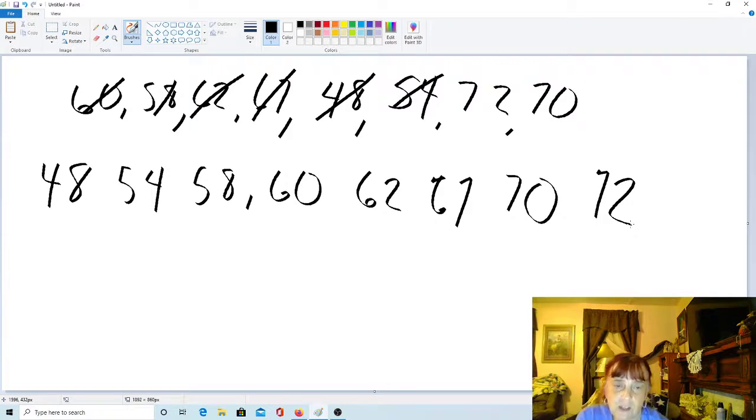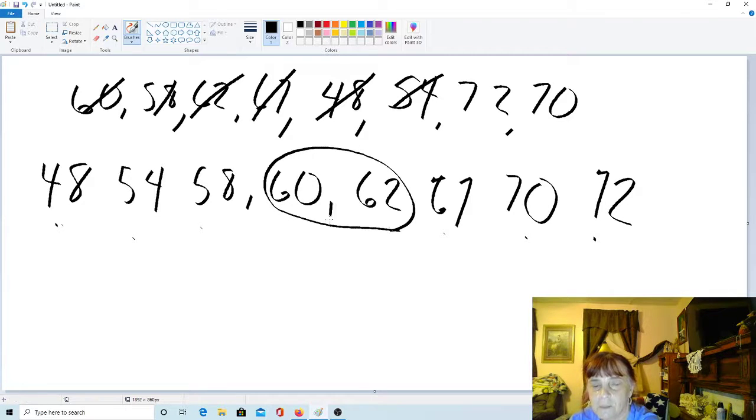Okay, so let's find the middle number. You have this number, this one, this one, this one, this one, this one. So it'll be these two added together divided by 2, which will be 61. 61 is the median.